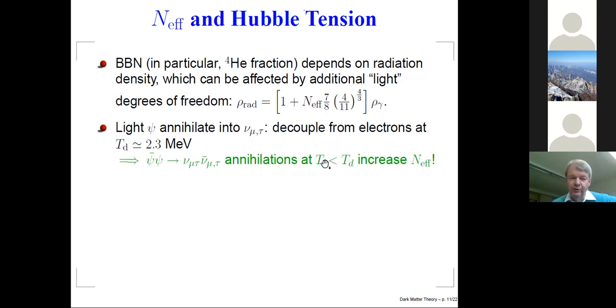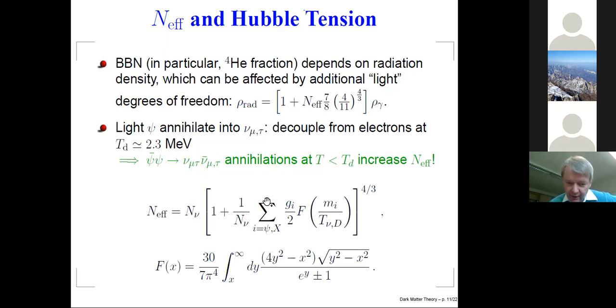So it will produce additional muon and tau neutrinos, which cannot thermalize anymore. So they just contribute extra radiation. Okay, and that will, of course, happen more, the lighter the new particles are. The more of them will annihilate or decay at temperatures below 2.3 MeV.